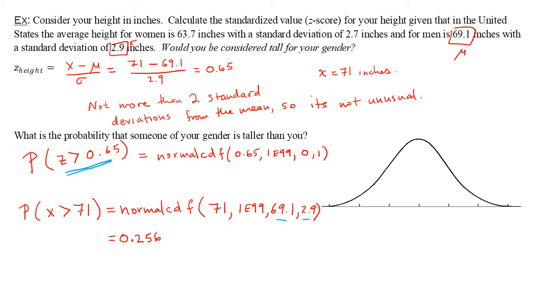So on our graph here, we can imagine, right, 69.1 was the mean, 2.9 was the standard deviation, so 69.1 plus 2.9 would give me 72. And then another plus 2.9 would give me 74.9. And then another 2.9 to give me 3 standard deviations above would be 77.8.